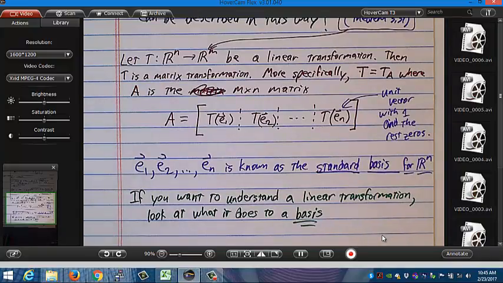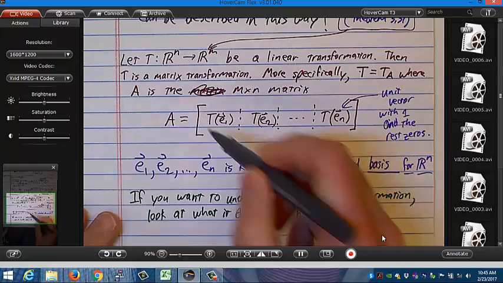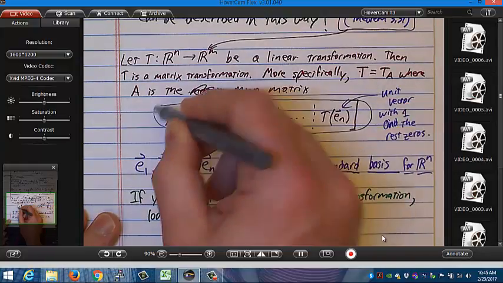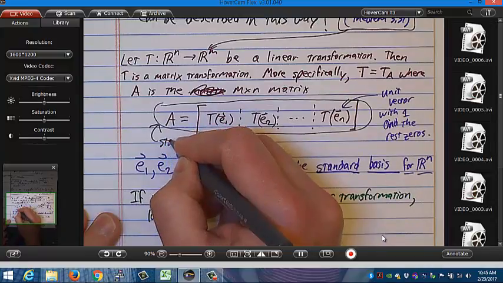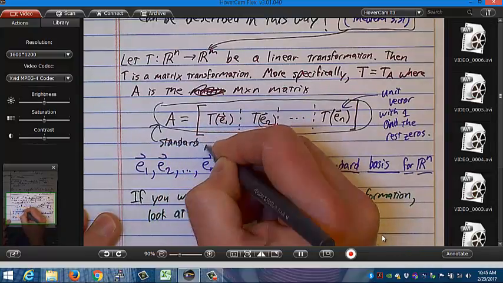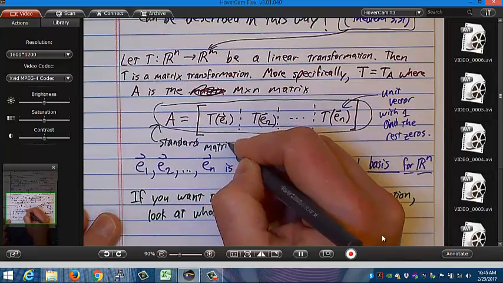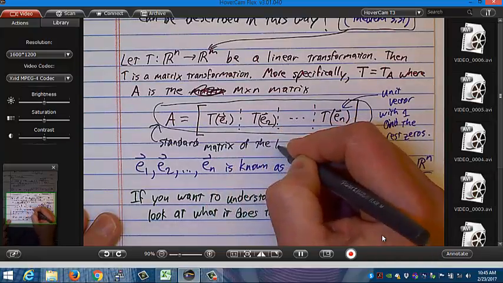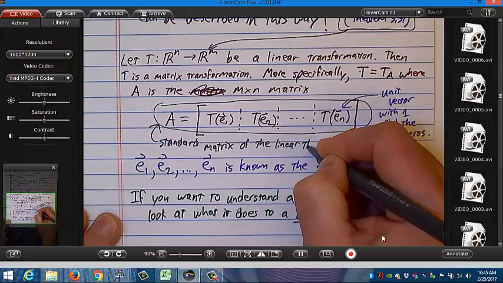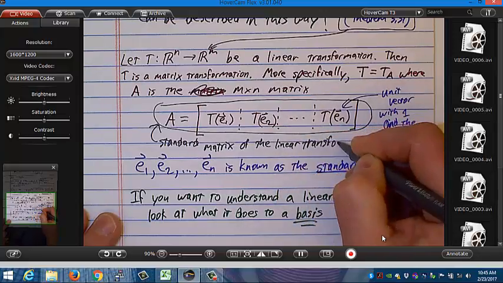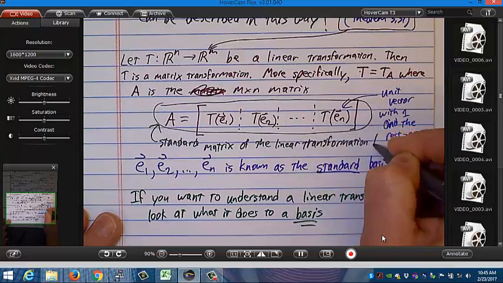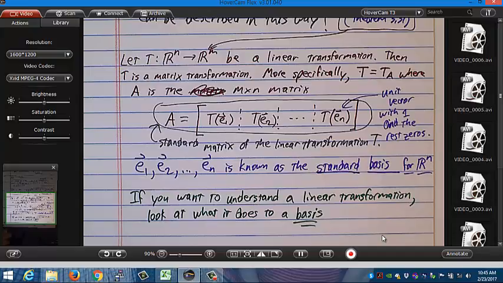If you want to understand what a linear transformation does, look at what it does to the basis. Oh, and then just to address what you asked, Mitchell, this matrix is called the standard matrix of the linear transformation T.